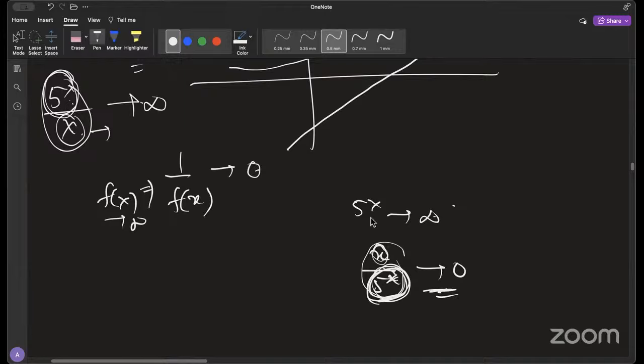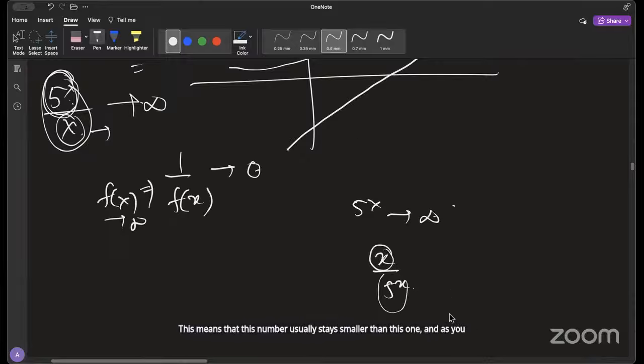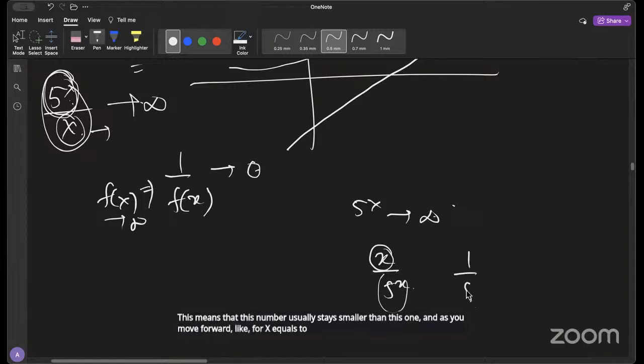And we can also say that we are dividing a very small number by a very large number. So in very layman terms, that's also true. If you have x by 5^x, this number usually stays smaller than this one. As you move forward, for x equals 1, this is just 1 by 5.